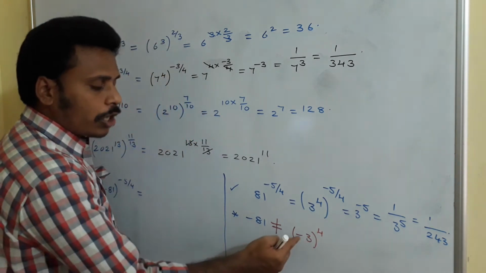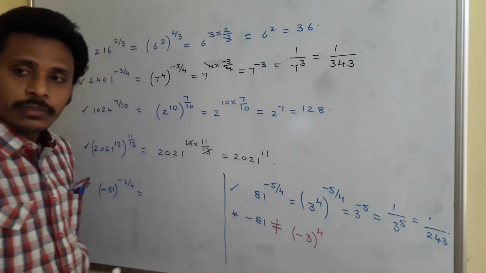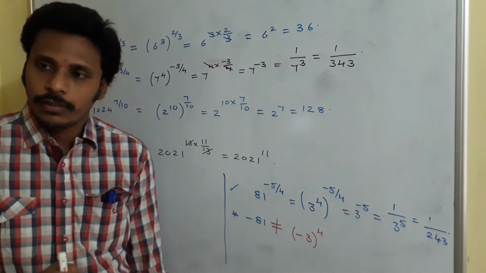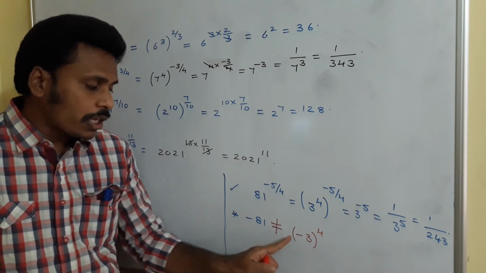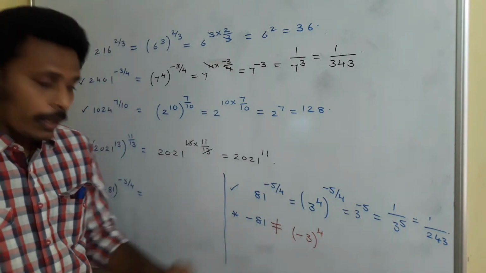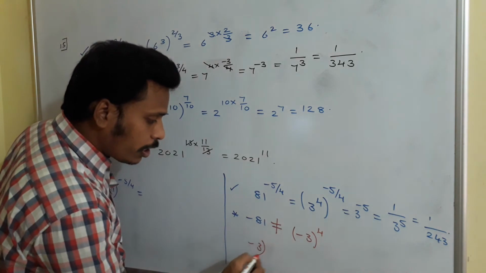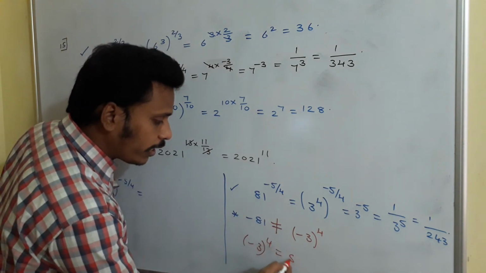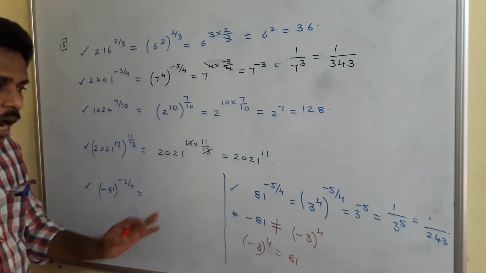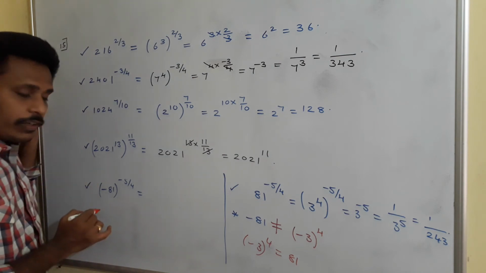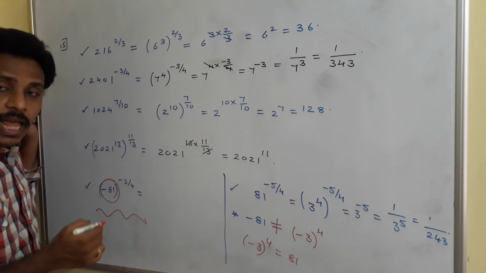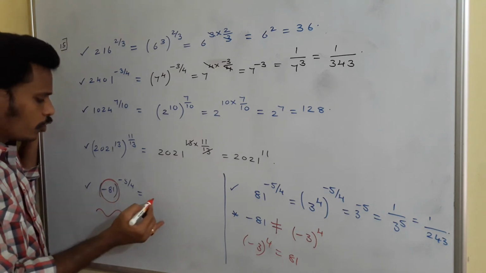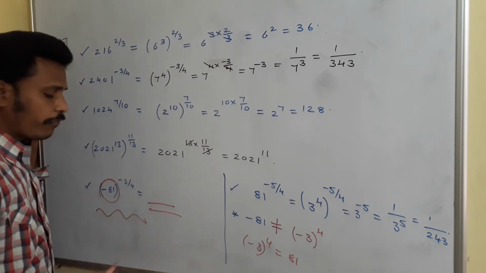Because if you multiply minus for 4 times, it gives you plus. So minus 81 is not equal to minus 3 power 4, because minus 3 power 4 is again equal to 81 only, and that's why here we don't have a chance to rewrite this minus 81 as something to the power 4.